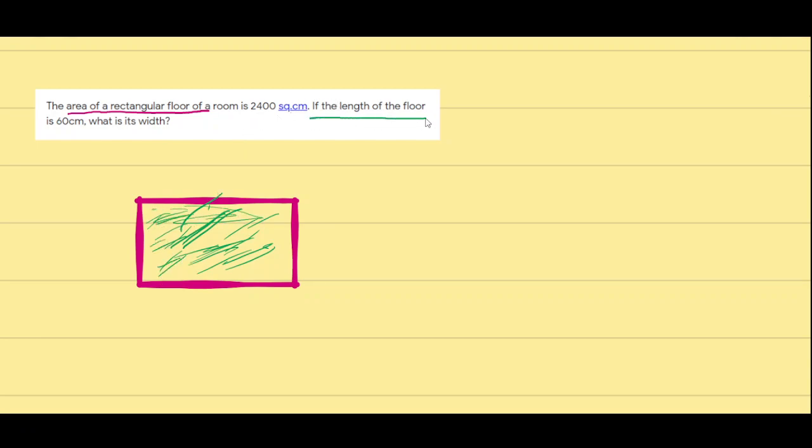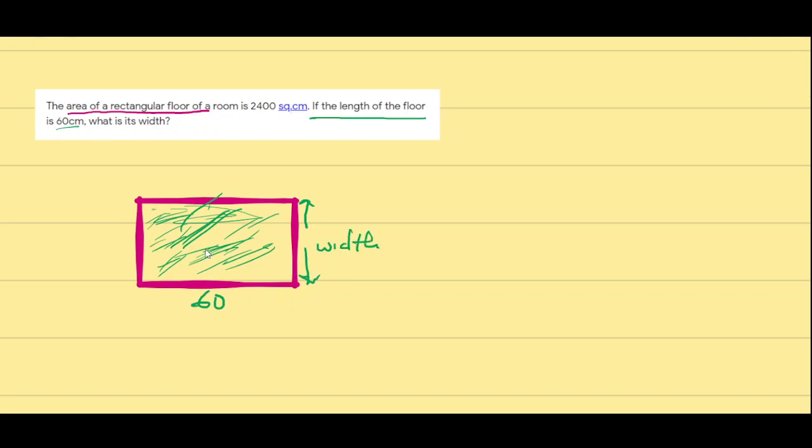And they say the length of the floor is 60 centimeters. What is the width? The width is this side here. This is what they are asking us for.